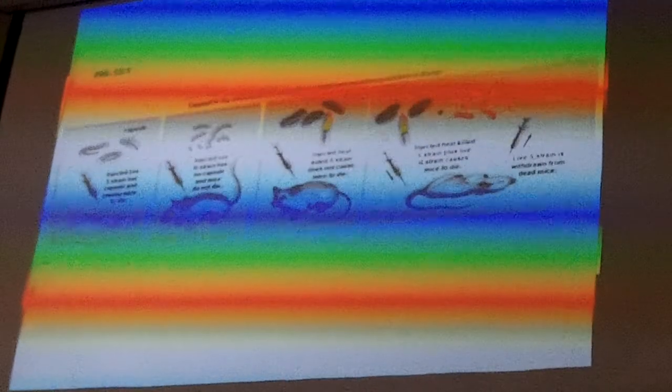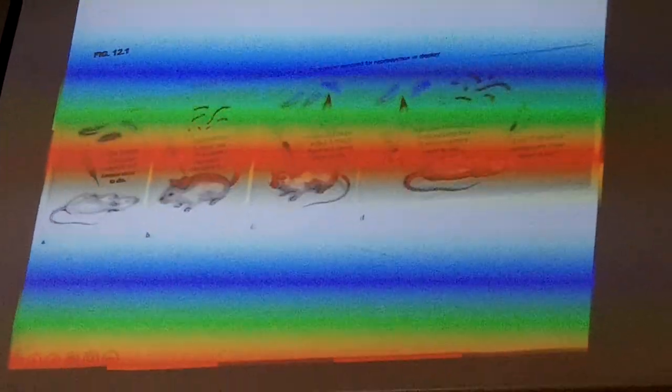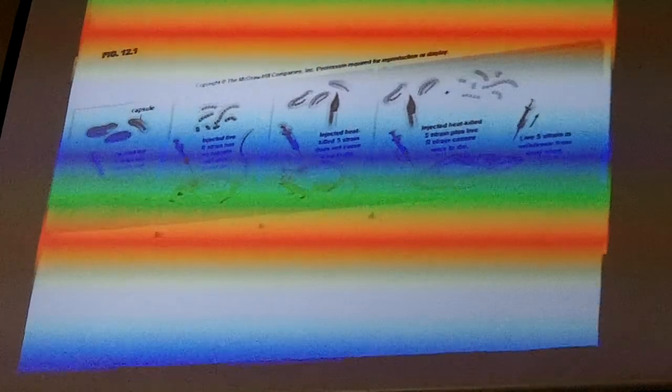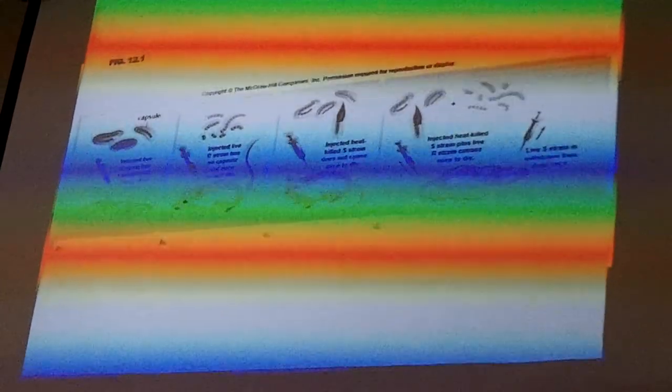And here's the capper. What if you heat kill the S-strain bacteria, put them together in the same hypodermic needle with R-strain bacteria and inject both of those into the mouse?